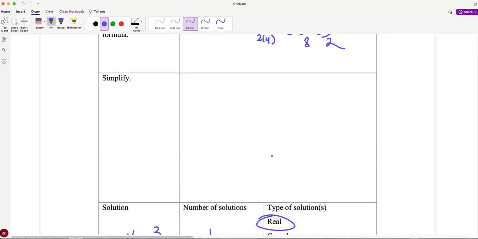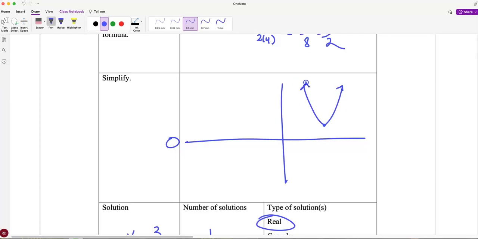So again, think about it graphically. This is where it equals 0. What kind of parabola would have no solution to equal 0? That means it doesn't cross the x-axis. Well, that would be a parabola that looks like this or like this. Sorry, back up.